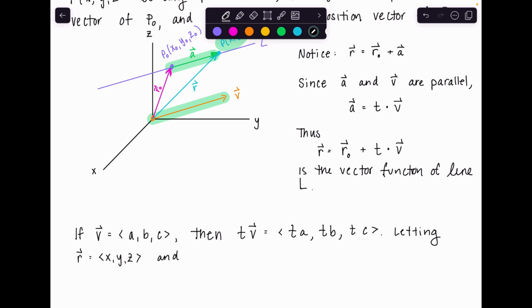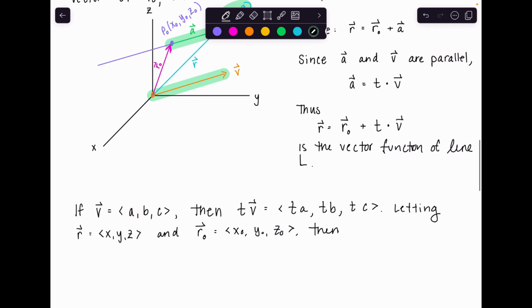And then knowing our initial position vector has the coordinates x naught, y naught, z naught, then more formally, our vector function r of t is going to be given by x naught plus tv. So that first component is x naught plus t times the direction we're heading in the x component.